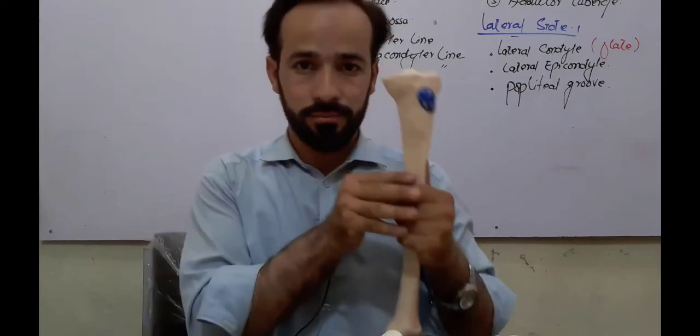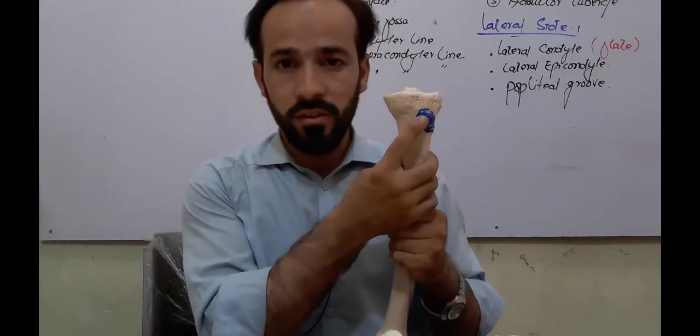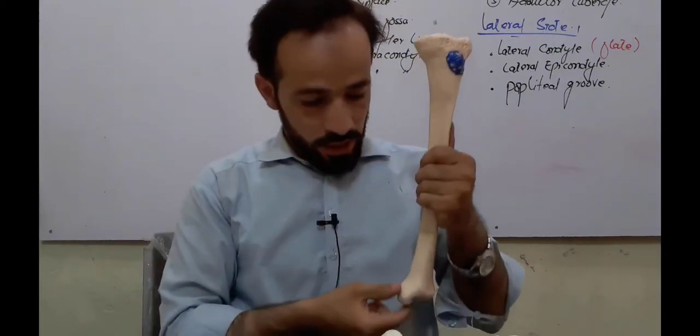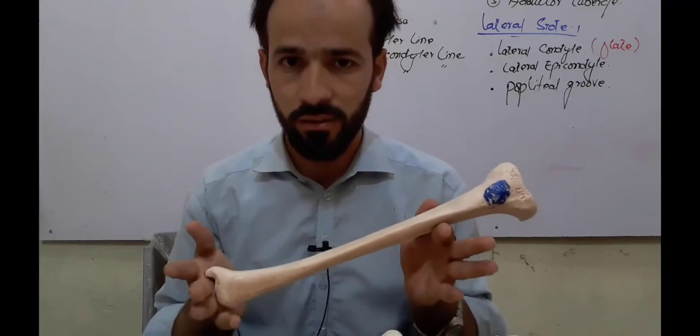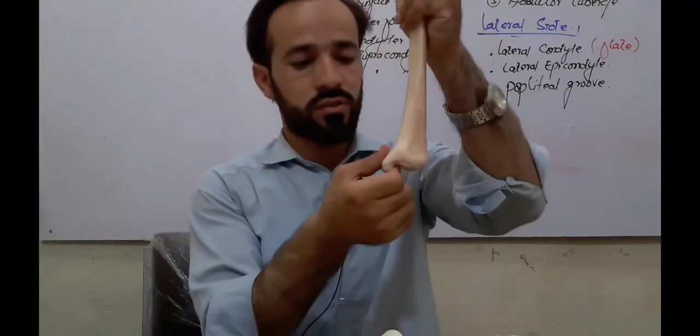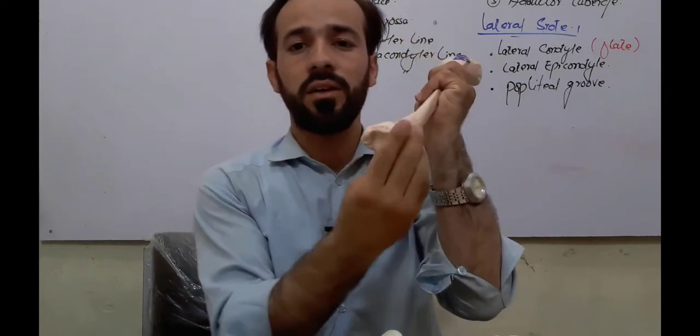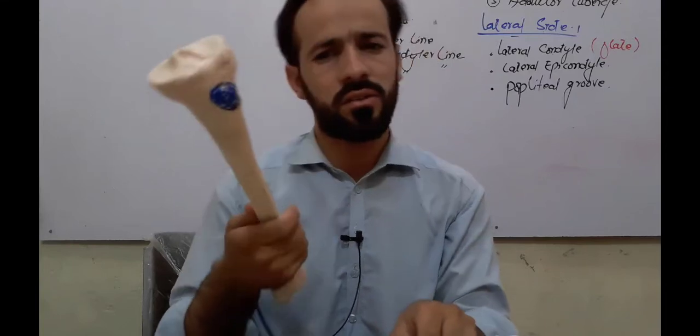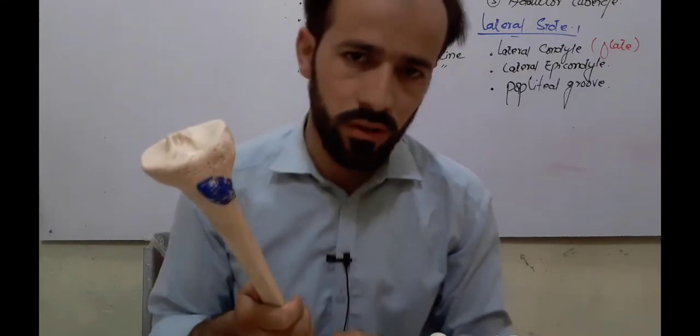Now bring it here. This is the tuberosity, again anterior, and the malleolus is medial to the midline. So we say this is not the right one, this is the left tibia. The tuberosity should be anterior, and the malleolus of the lower end of the tibia should be medial. So you will easily recognize whether this is the right or left tibia.